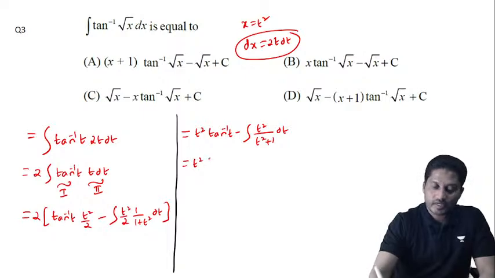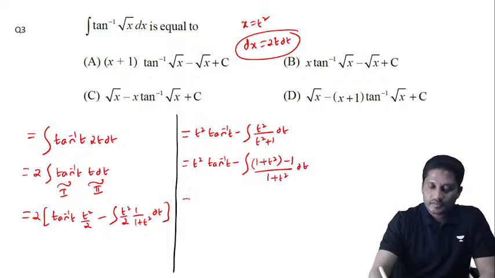This is t square into tan inverse of t minus integration of 1 plus t square minus 1 divided by 1 plus t square dt. This is t square tan inverse of t minus, if you open the bracket, 1 plus t square divided by 1 plus t square dt.